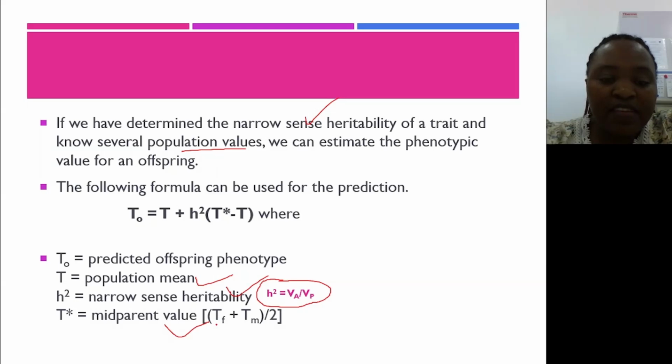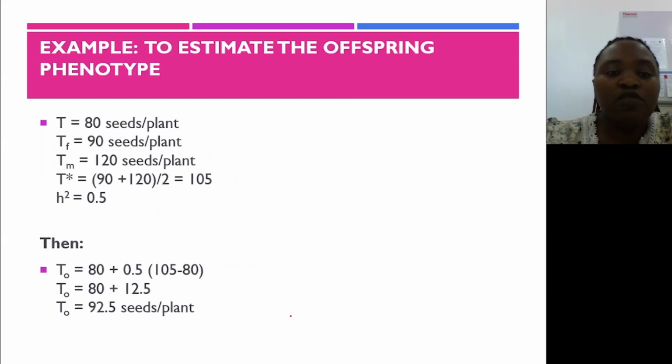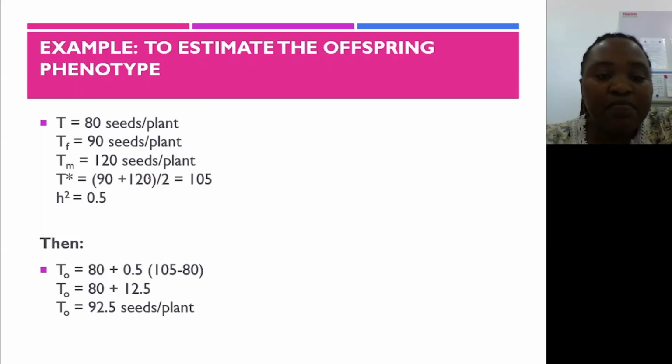You remember we had the TF and the TM, so the mid-parent value. We have the female and the male value, then you divide that by 2. So we have the T, the TF, the TM, and the mid-parent value, which is 90 plus 120 over 2, giving us 105, and we have the narrow sense heritability.